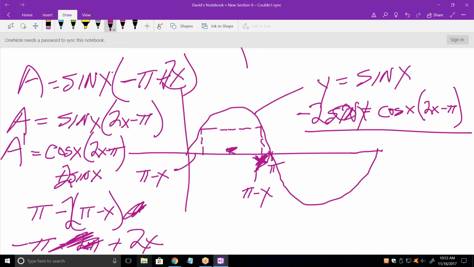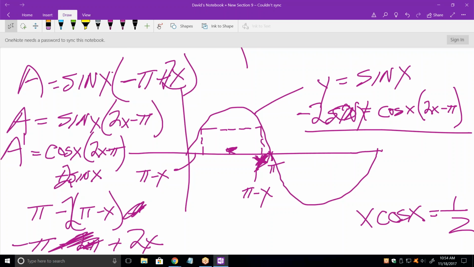I have no idea. It's not particularly easy to solve. Especially since the biggest reason it's not easy to solve is you have a combination of a trig function and a polynomial. That's not easy to solve. If I said x cosine x is equal to 1/2, that's tough to solve.